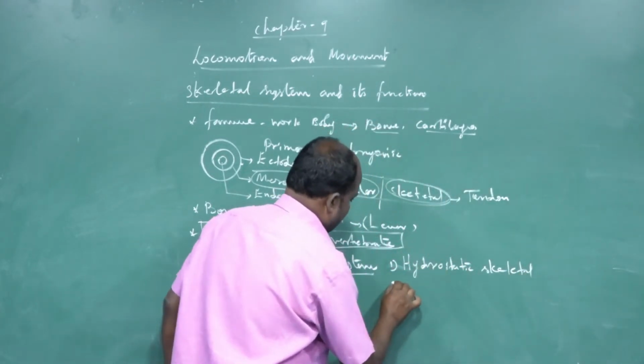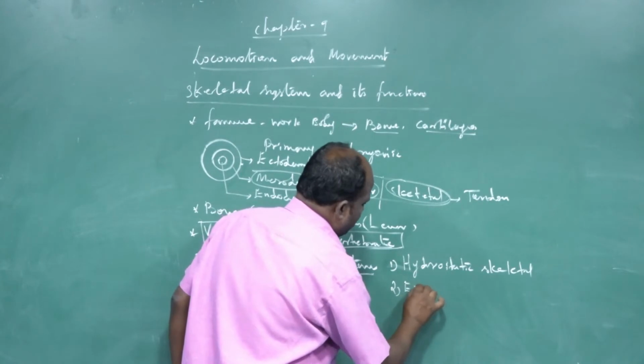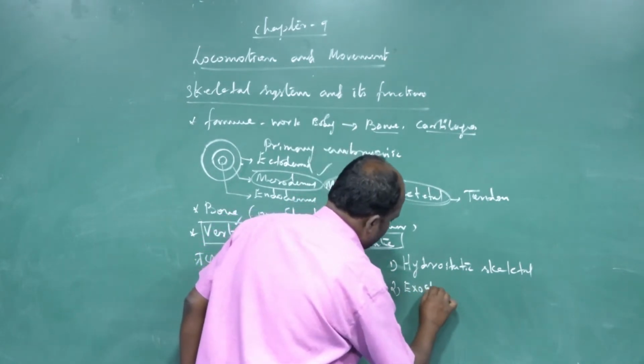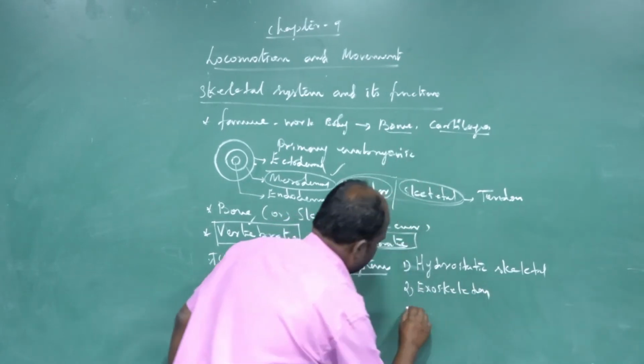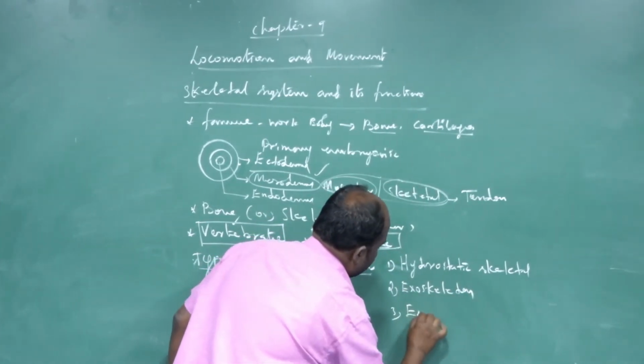That's the first category. Second one is exoskeleton. Third one is endoskeleton.